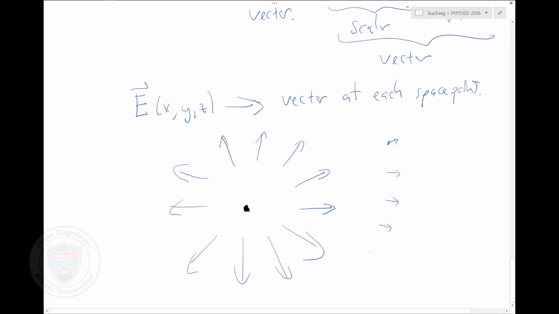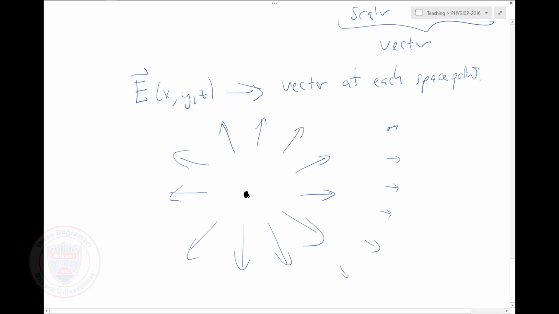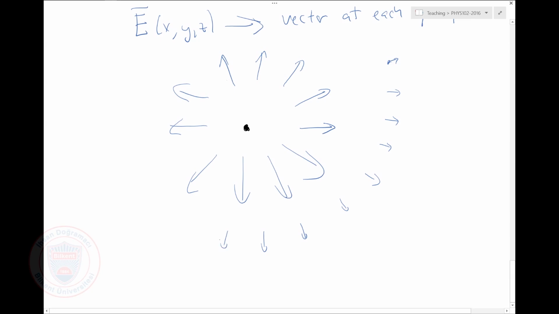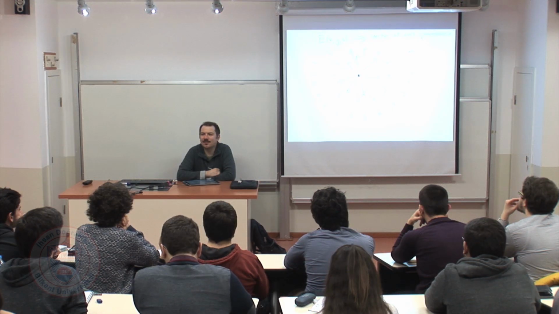You know what a hedgehog is in Turkish? Kirpi, so it's like arrows pointing out all the time. And if I go far away, I'll have smaller arrows. And if I go very close, I'll have very big arrows. And you see that the arrows start overlapping with each other. So maybe this is not the best way to visualize the electric field.